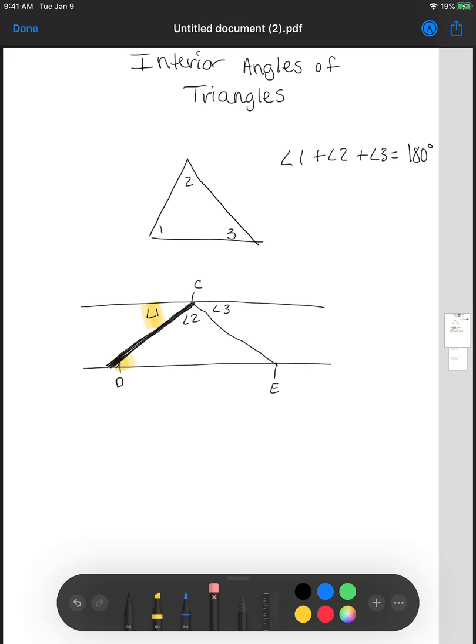So angle 1 and angle D are alternate interior angles, which means they are congruent.